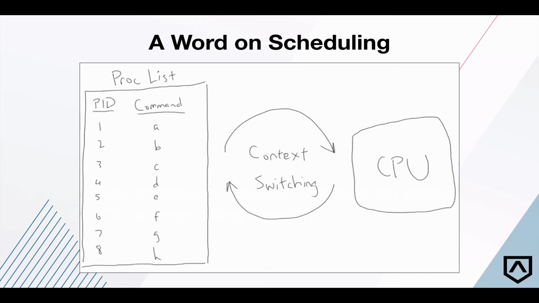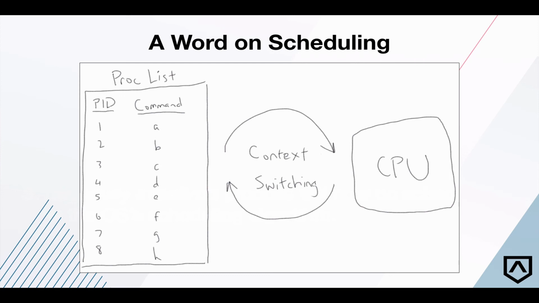So basically the idea is we'll take some process, give that to the CPU, it will execute for some amount of time. Once it's done that, it's going to get put back in the process list, and the next process is going to come up and run on the CPU for some length of time.